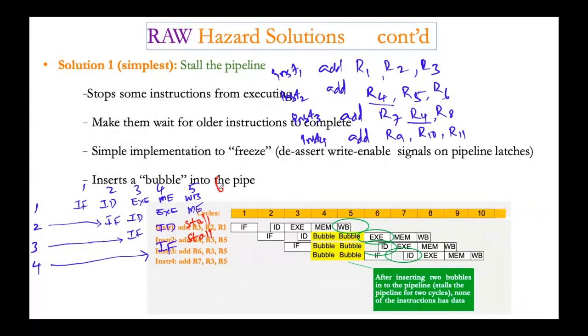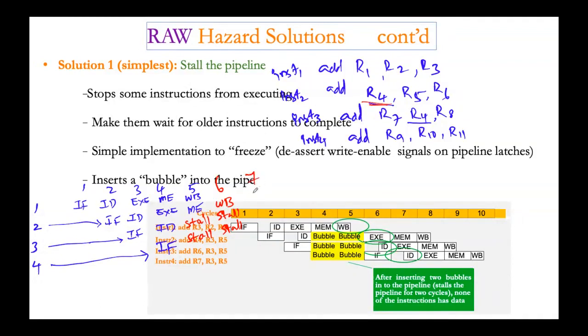Then in the sixth cycle, your second instruction will go into the write back stage. At this stage, the write operation is going on in R4, so your third instruction also stalls here. When it stalls, its subsequent instruction will also stall.